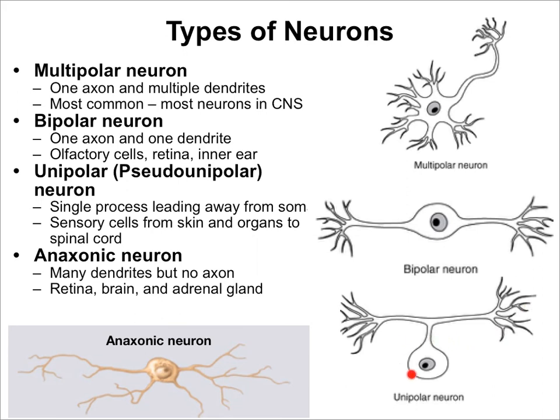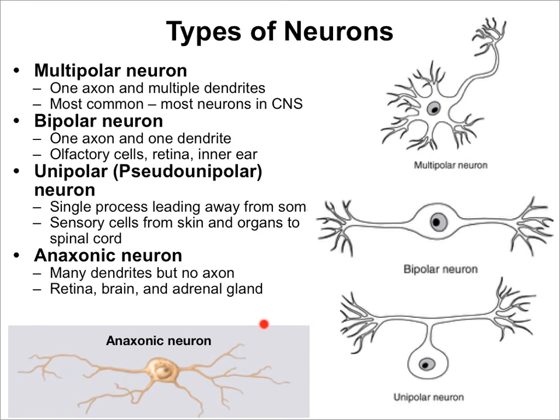And these somas off to the side are usually going to be found in the ganglia. These are called pseudo-unipolar because they actually start off as bipolar neurons in development, and then the soma sort of moves off to the side. So they don't start as unipolar, hence they're sometimes called pseudo-unipolar.